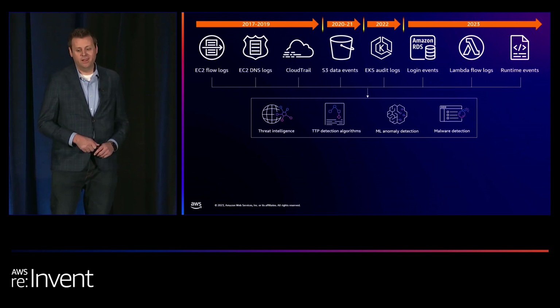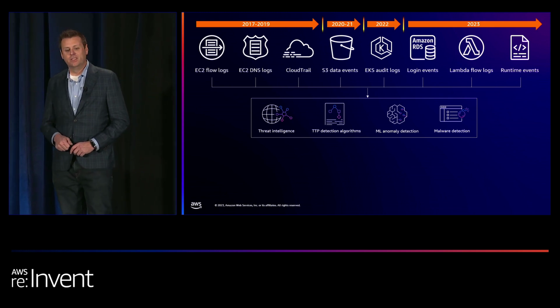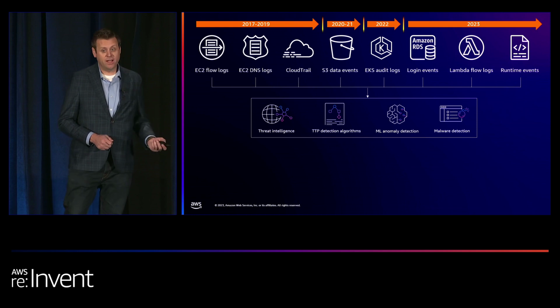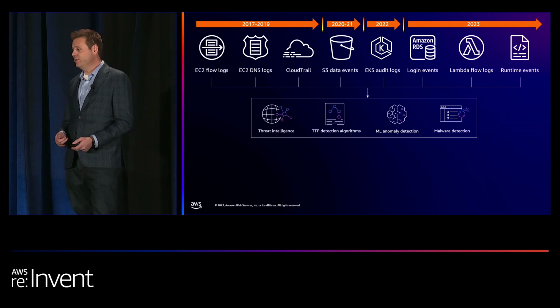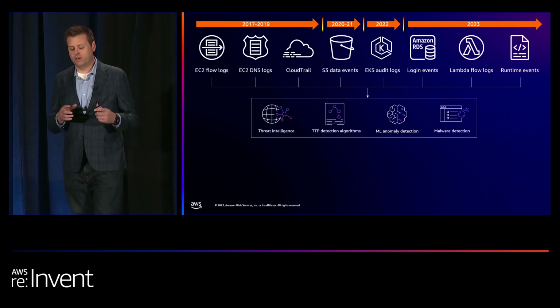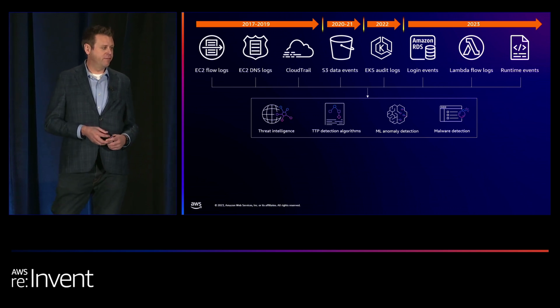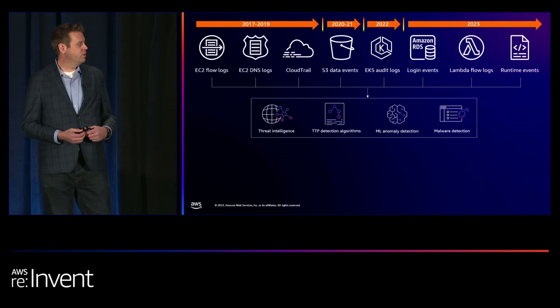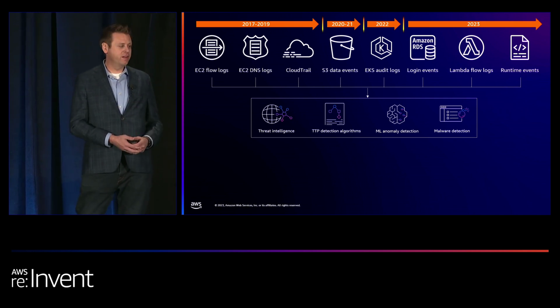We are heavy users of ML technology, so we use machine learning for our CloudTrail analysis, for EKS audit logs, for S3 data events. All of these models are specifically trained around identifying unusual or anomalous user behavior. We also use ML to help augment our threat intelligence.